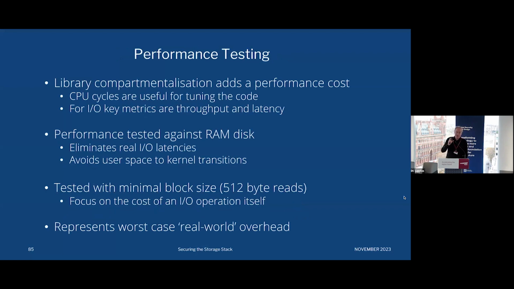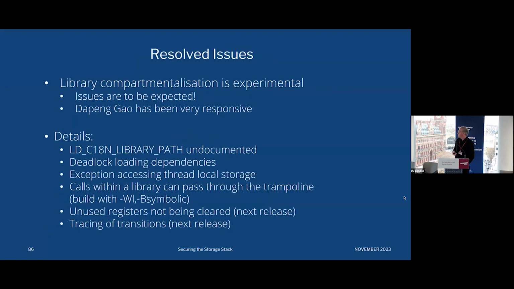So the stack was tested against a RAM disk. That avoids any kernel transitions, pretty much, and with a small block size, so that what you're really measuring is the cost of an individual I/O. And that represents the real-world worst-case scenario. Typically, I/O is 4K minimum.